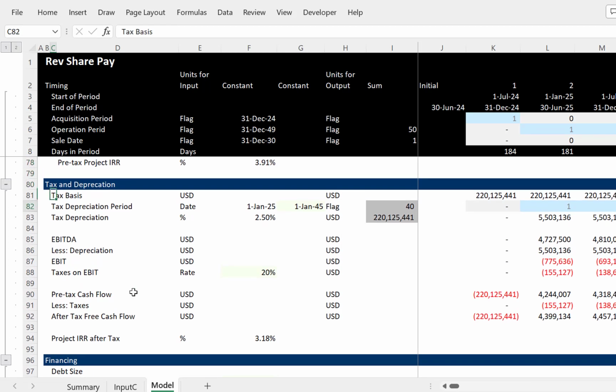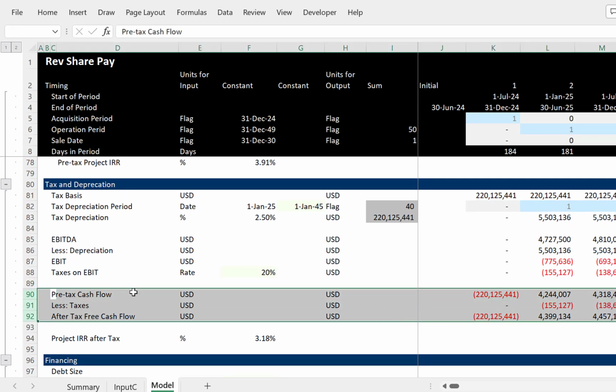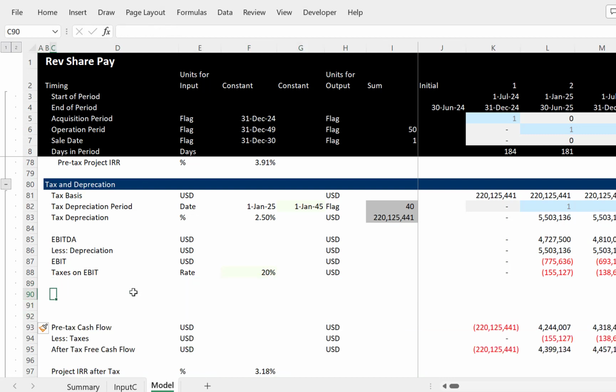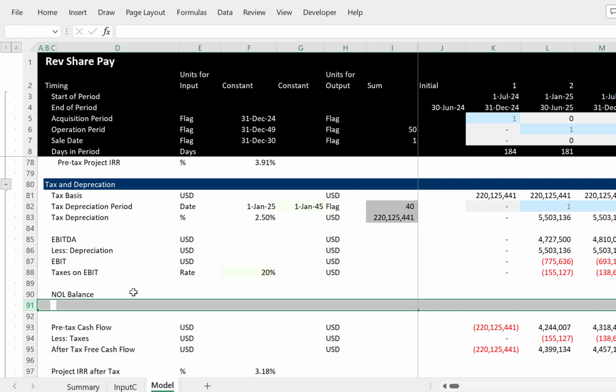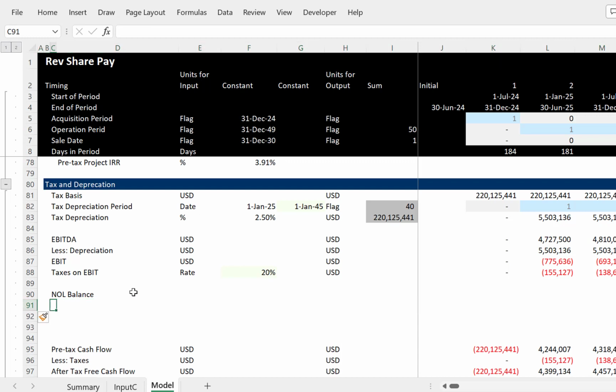If we put a carry forward in, what I would do is put NOL balance, and we start with our opening balance, and then we add the tax, add the negative income carried forward.